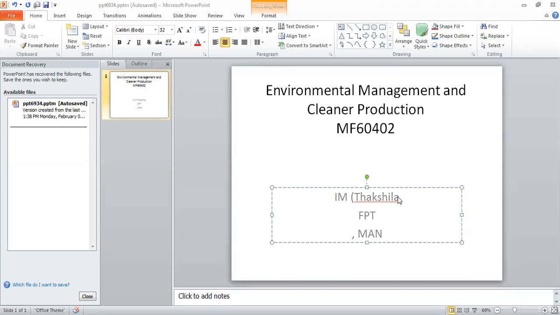So let me put here the group representative from IM. It is Takshila, if I'm not mistaken. Just let me know if you are not the representative, and if any other, just let me know. And Ishar would be the food process.